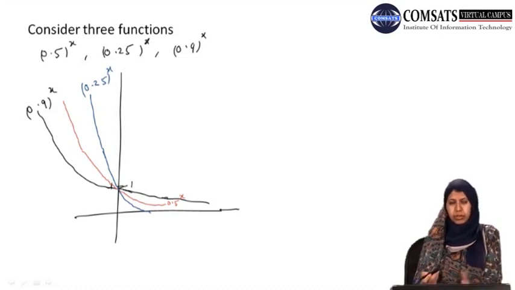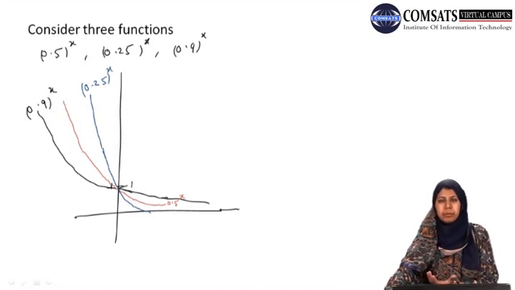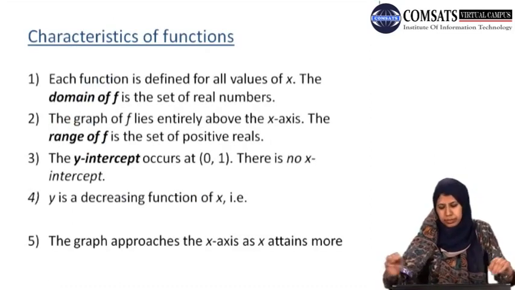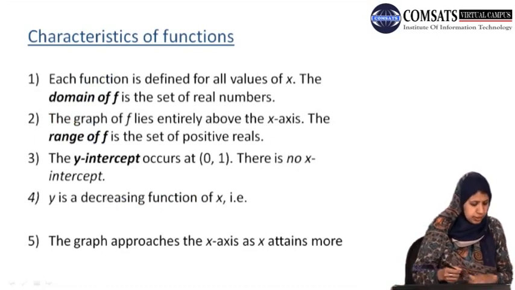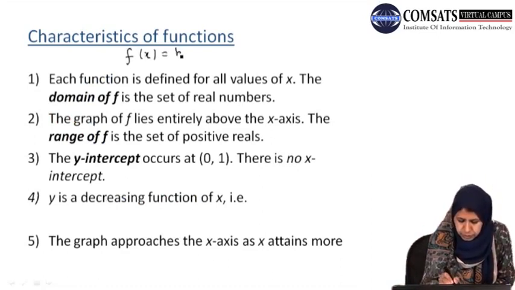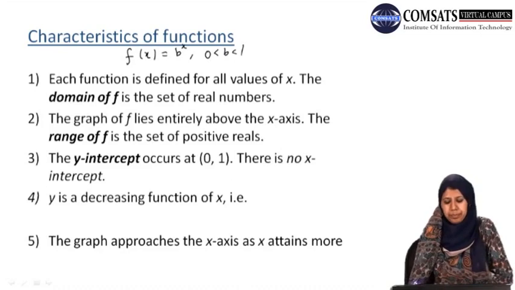So what conclusion do we get? We have more or less the same properties as with the case of b greater than 1, and now we will see the properties and the graph to see what we mean by the properties. Okay, so the characteristics of the functions f of x equals b to the power x when b is strictly between 0 and 1.